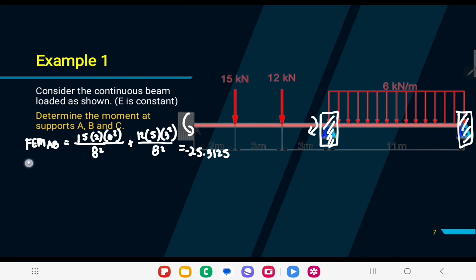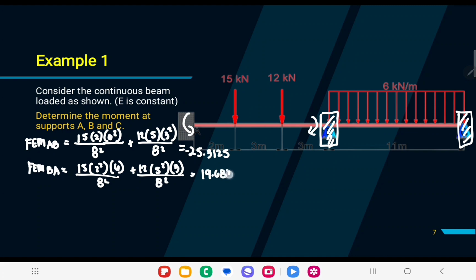And then for the fixed-ended moment for BA, we return to it. So 15 times 2 squared times 6 all over 8 squared plus 12 times 5 squared times 3 all over 8 squared. So our answer here will be equal to 19.6875 kilonewton meter. I forgot the units, so it should be in kilonewton meter.